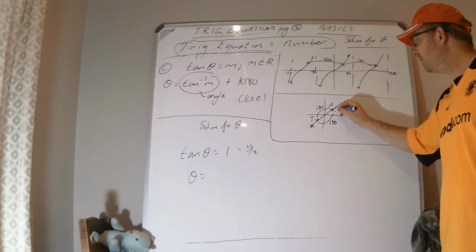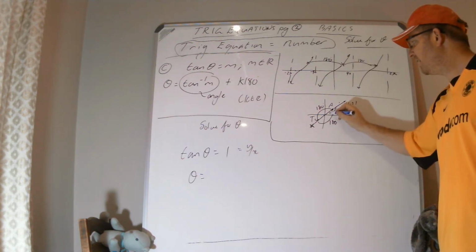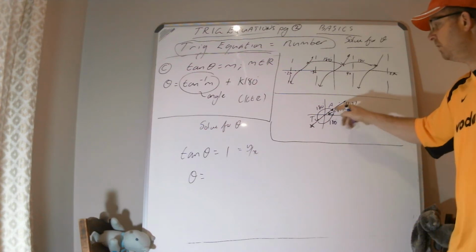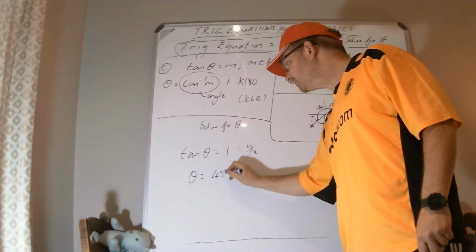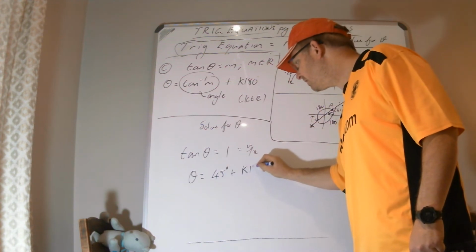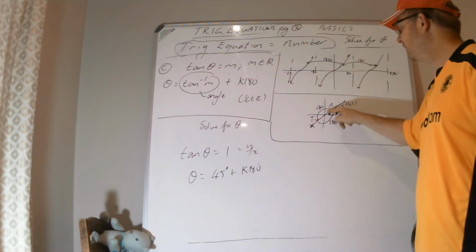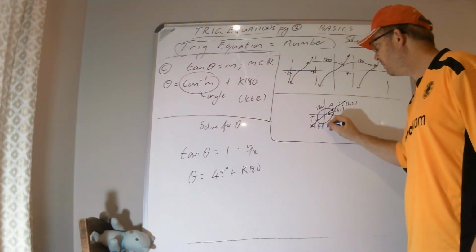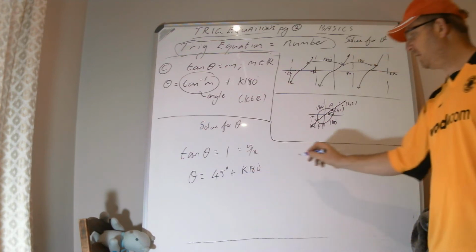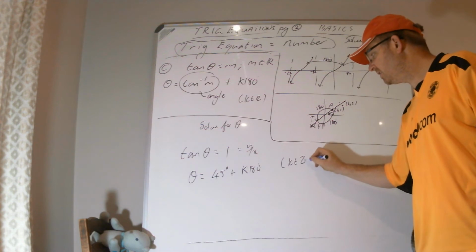We're on this line where y is equal to x, so that's 45 degrees. So you're going to have a solution at 45 degrees, and then every 180 thereafter. Because if 1, 1 was a point, -1, -1 would be a point as well, etc. So theta is equal to 45 plus k180, and you have to specify that k is an integer.